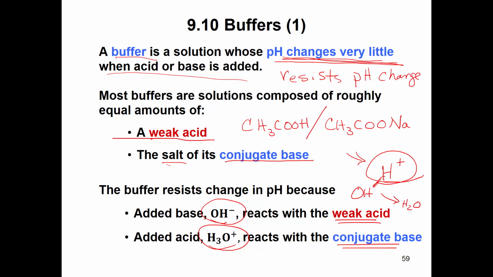If you don't have free protons floating around, the pH won't drop. If you add base, same thing: you're going to have something there that will attach to that and neutralize it so that it can't be a free hydroxide.